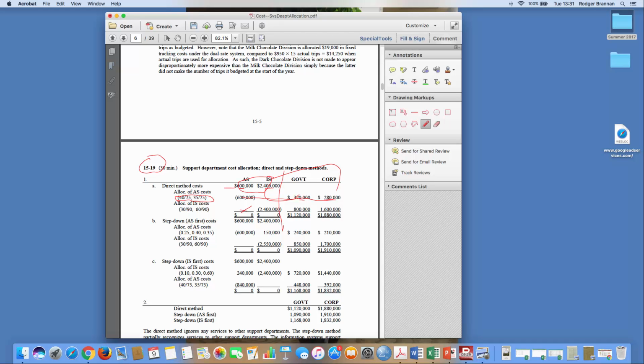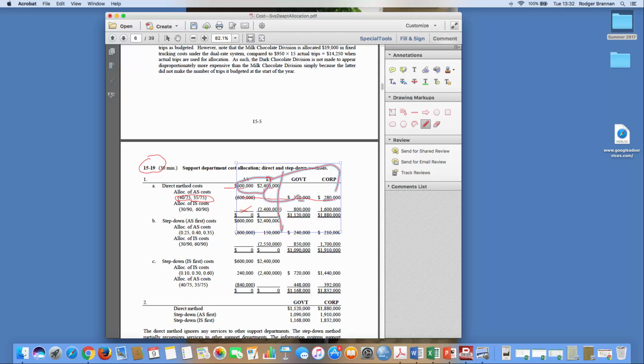We're not going to recognize any sharing of costs between the support departments, which is theoretically one of the weaknesses of the direct method, and take those directly to the productive departments. So based on the number of computer hours in the productive departments, 30 and 60, 1/3, 2/3 of the 2.4 million get allocated.